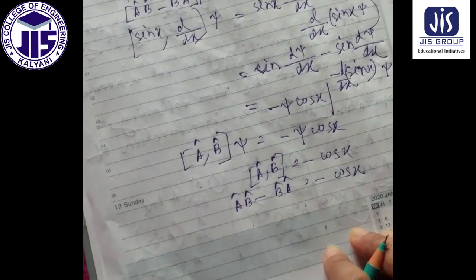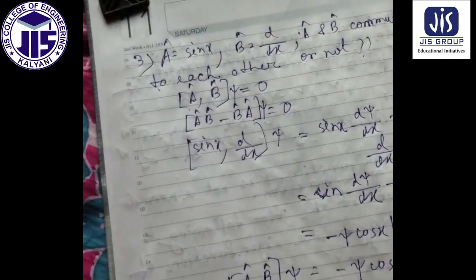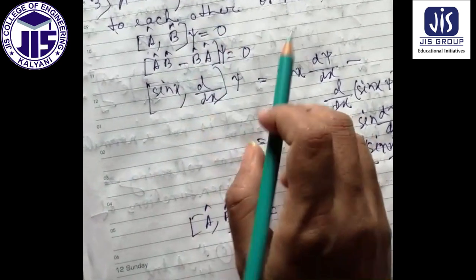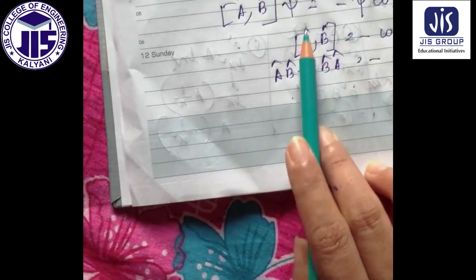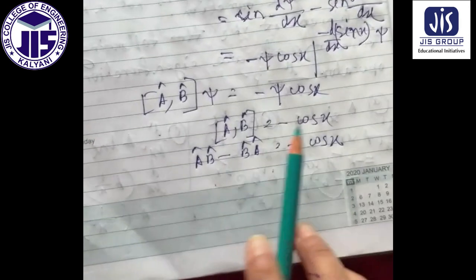We know the condition of commutation is that the commutator of a cap b cap must be equal to 0, but here we are getting the commutator equal to minus cos x.